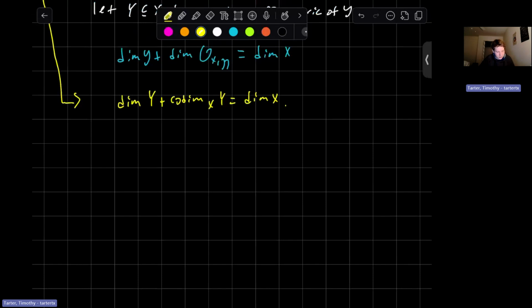yeah, so we can talk about Krull's principal ideal theorem. Okay. Yeah, this section was very important. And then the next section is not super crazy.